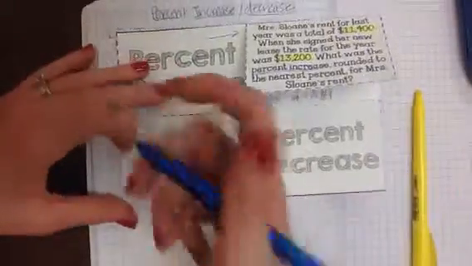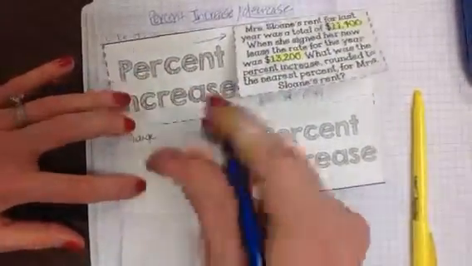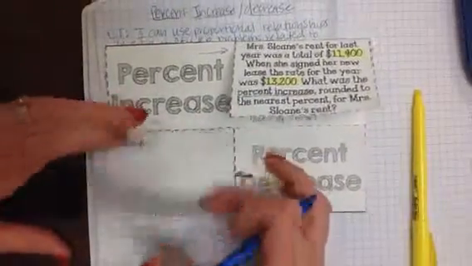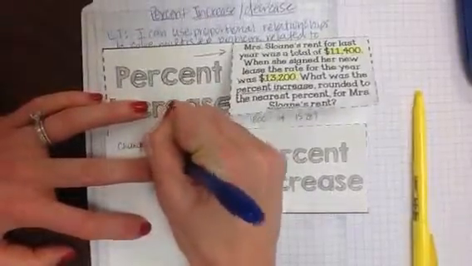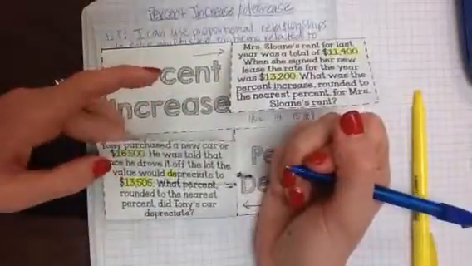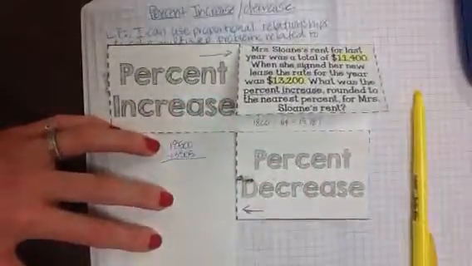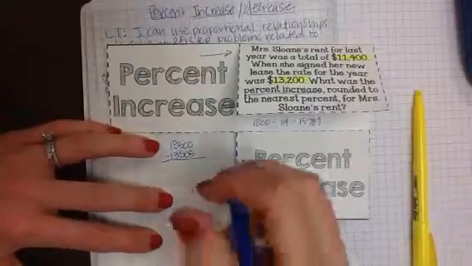So we have the change that we need to find out. And so our change would be the 18,500 minus the 13,505. So 18,500 minus 13,505. And that gives me 4,995.